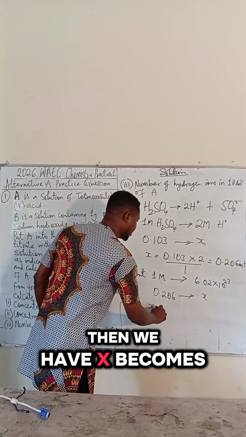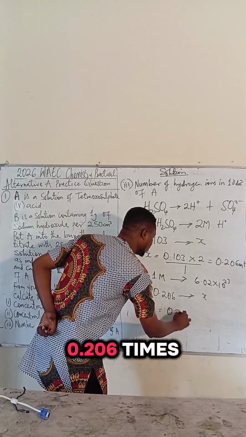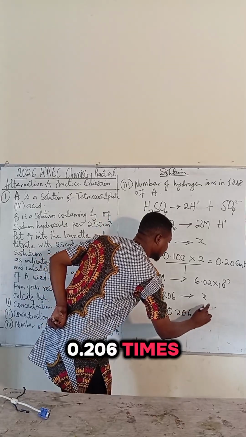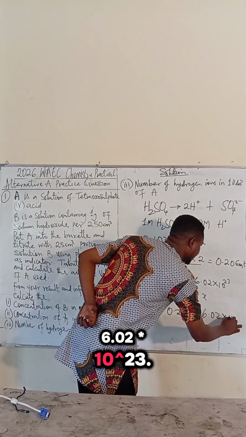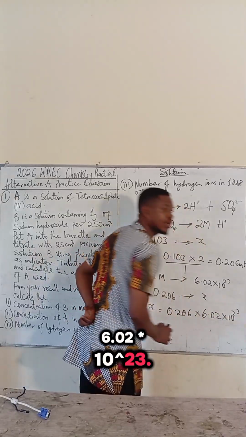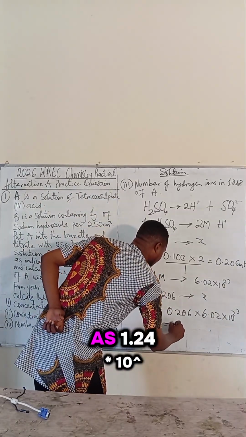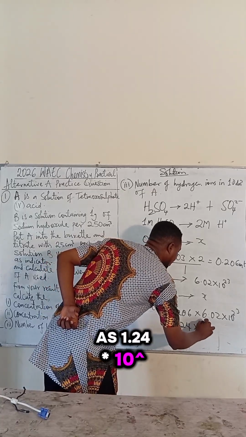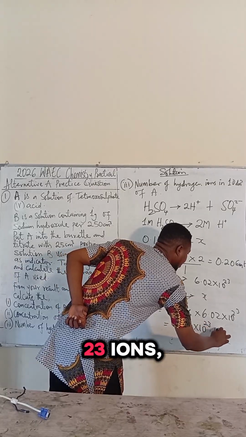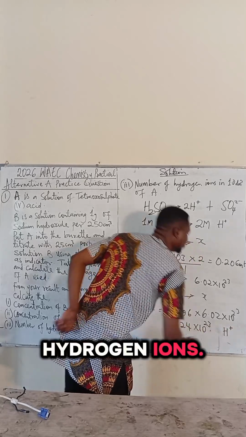Then we have X becomes 0.206 times 6.02 times 10 raised to the power 23. And that will give us a final answer as 1.24 times 10 raised to the power 23 hydrogen ions.